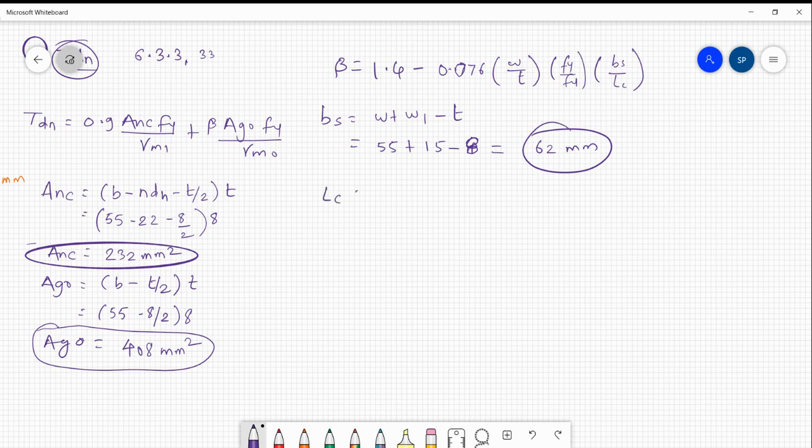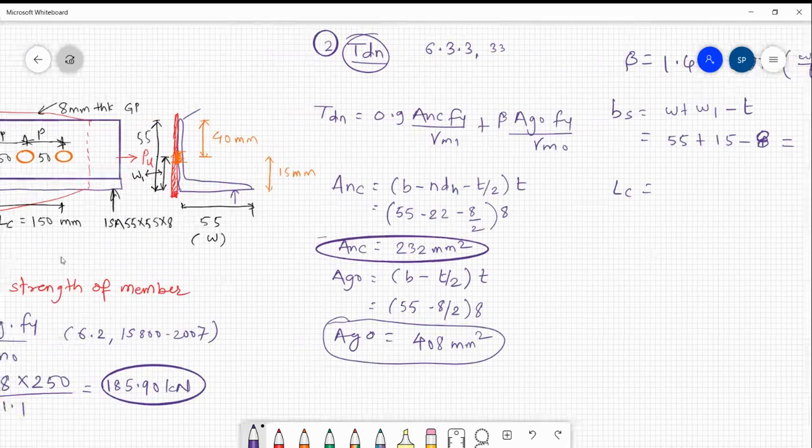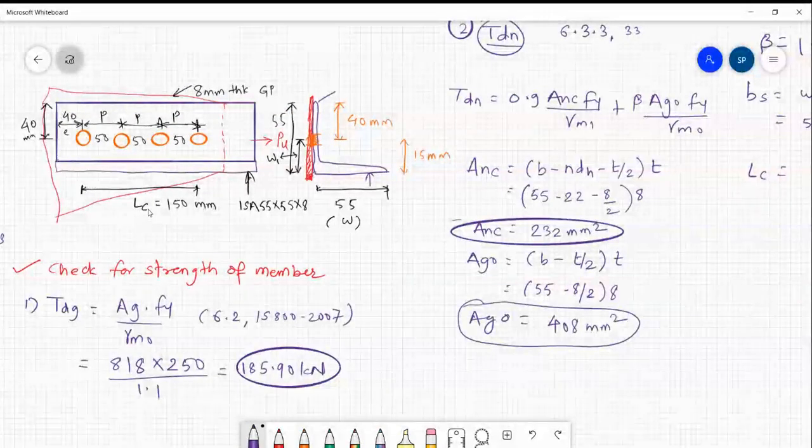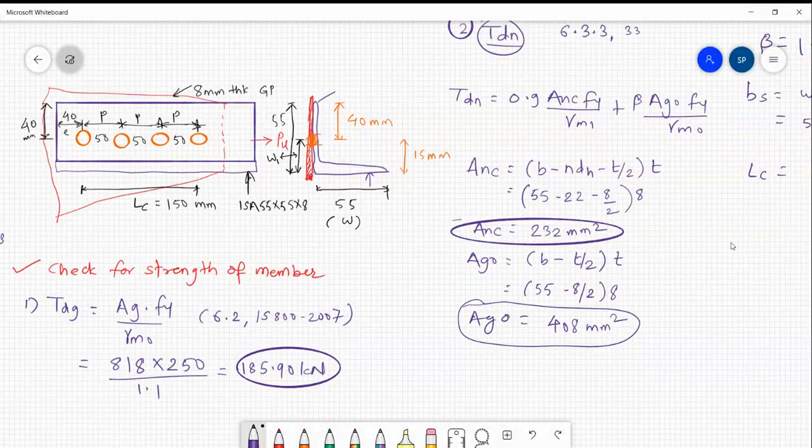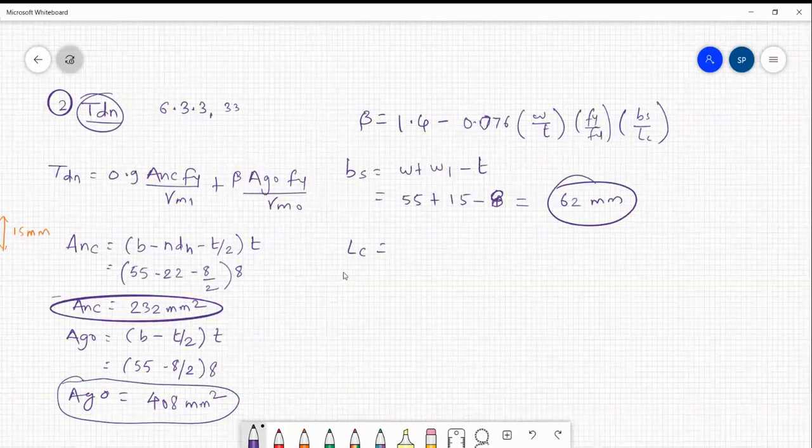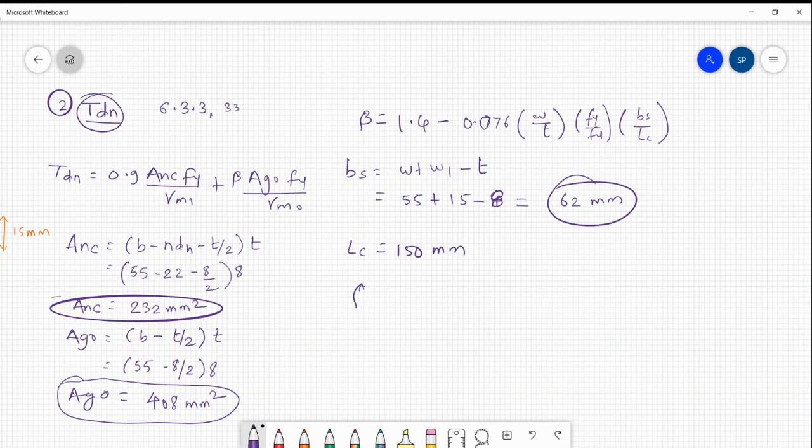Then length of connection, we had marked that as well in the connection detail. So length of connection is 150 mm. And putting all these values here, you will be getting beta value. It appears to be 1.26. Now there is upper and lower limit for beta.